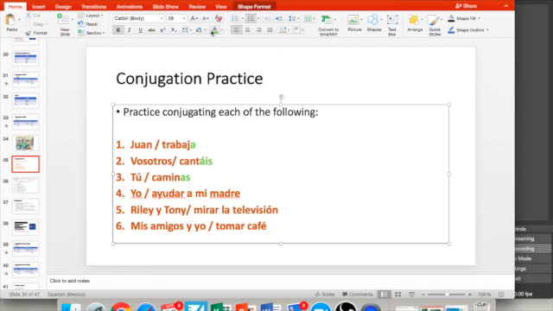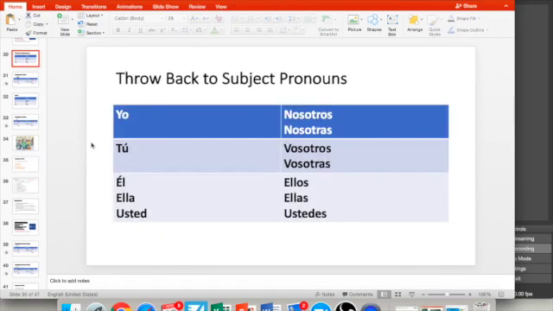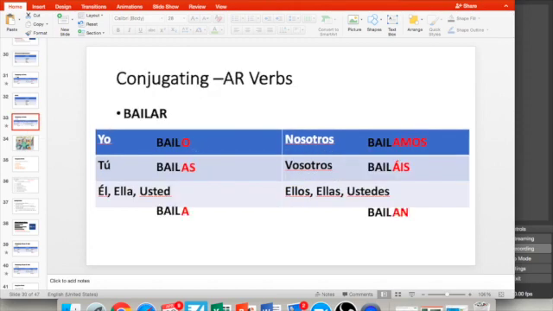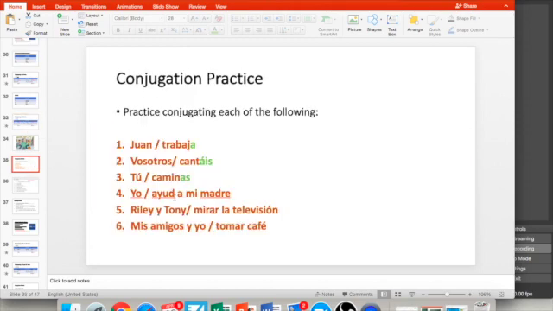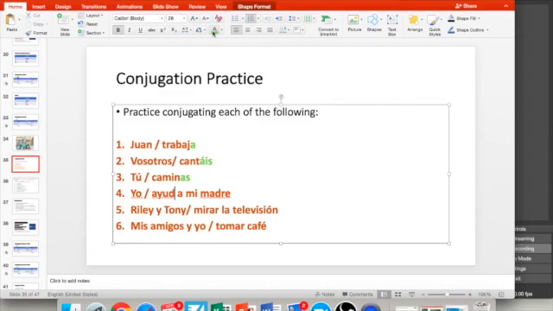Number 4, I have yo ayudar a mi madre. I, to help my mom. If I want to say that I help my mom, take your verb ayudar, chop off the AR, find your yo box, which is my top left, and then find the appropriate ending for yo, which should just be a plain old O. So I'm going to say that yo ayudo a mi madre. I help my mom.